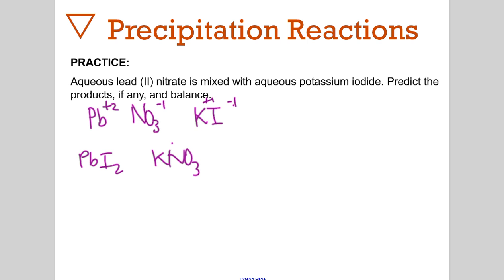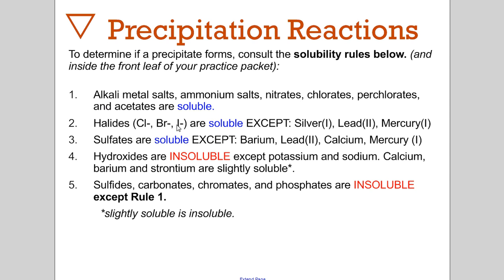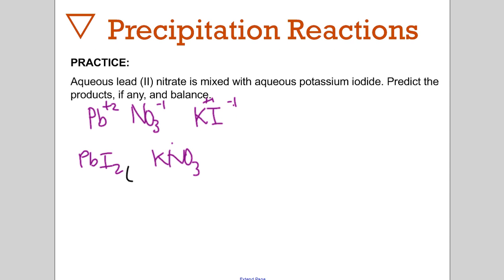So to write our reaction, we have to consider, does a product form? Well, lead iodide. Iodide's a halide, but if we go back to our rules, we'll see that lead-2 is an exception, so it is insoluble, so that's going to be a solid product. And potassium nitrate contains potassium, a group 1 metal. That's always going to be aqueous. Same is true for nitrate, so this is a double whammy of soluble.